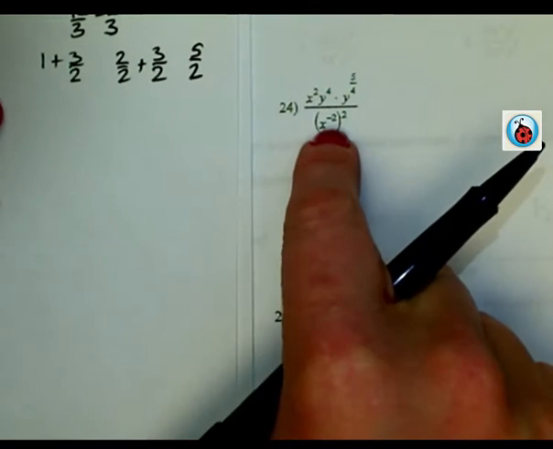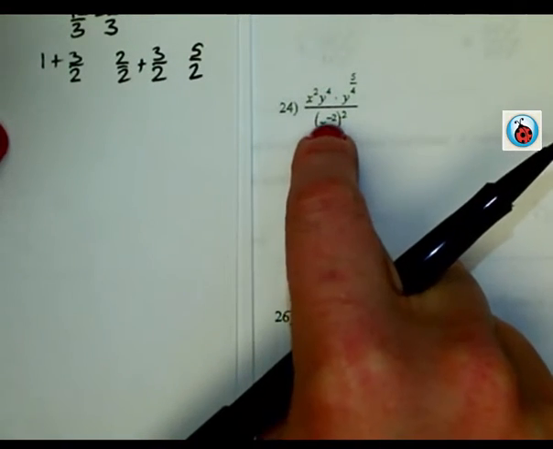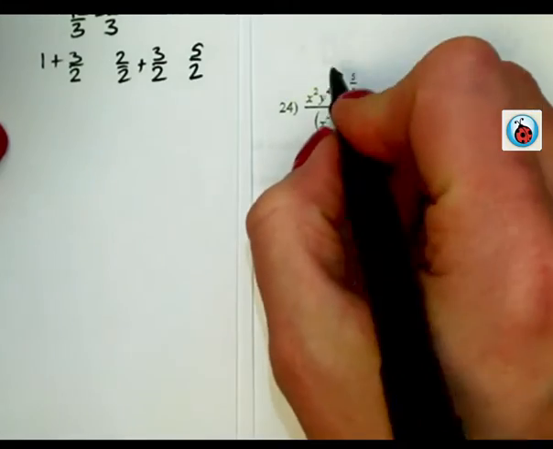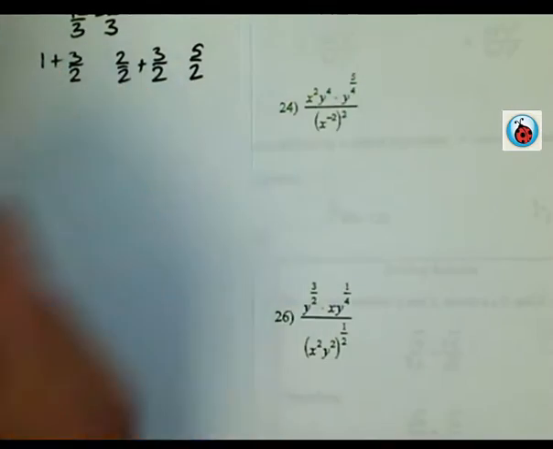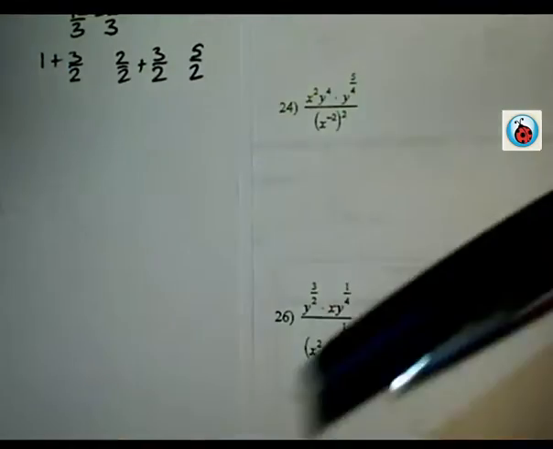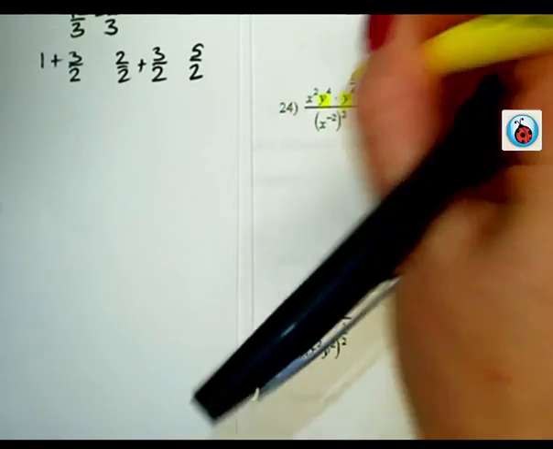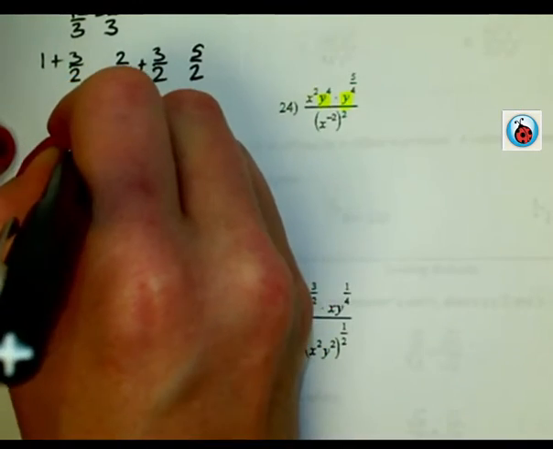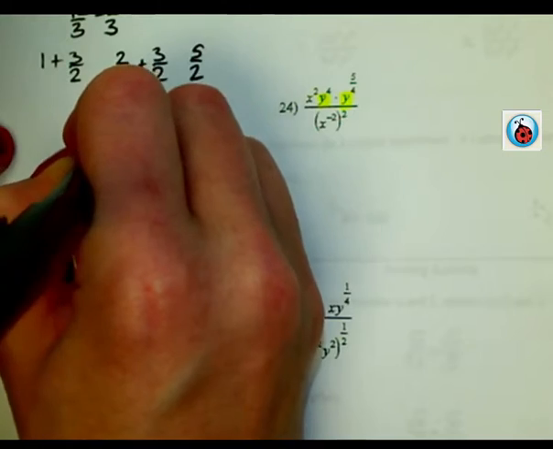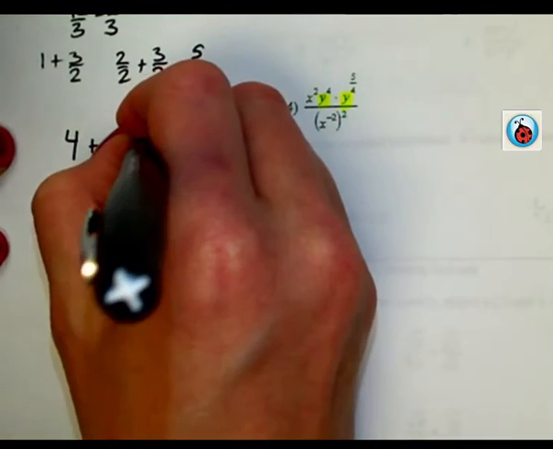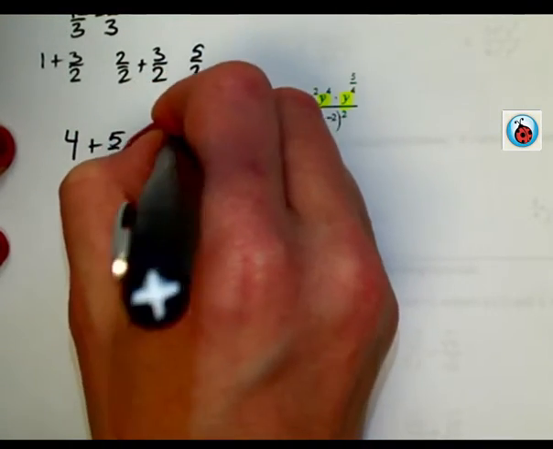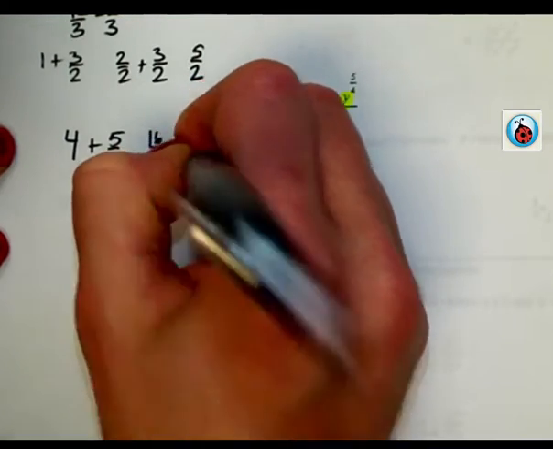Okay, so I see one negative exponent, but it's with an integer, so let's go ahead and rewrite that. Let's see if we can't combine any of our work. I see y and y. Okay, 4 plus 5/4. Okay, so 4 is going to be 16/4 plus 5/4.